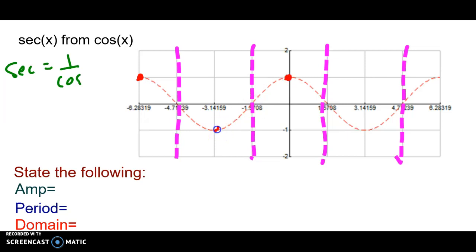Anywhere where cosine is negative 1, we're going to have negative 1. And also similar to last time, which although I don't really grade based on this, wherever it would be 1/2, actually it would be at 2. 1 over 1/2 is 2, same thing with the negative 2 here. But again, you're not expected to have to graph those perfectly. And then from there, you just want to make sure you have the right shape.